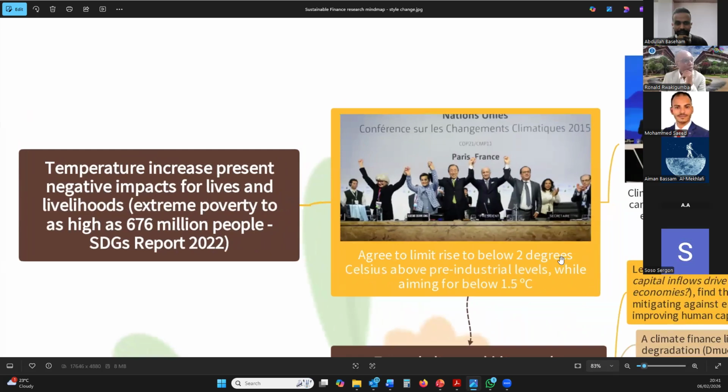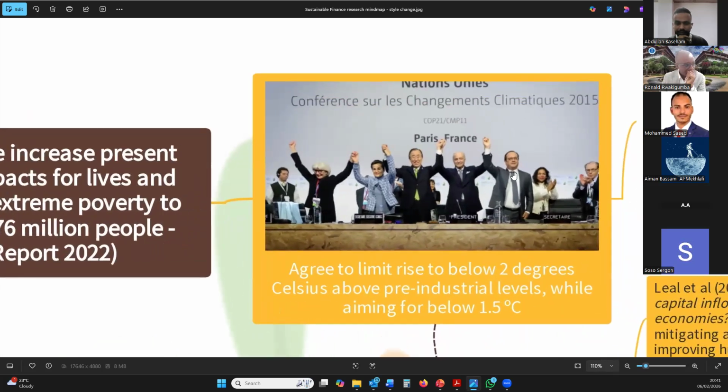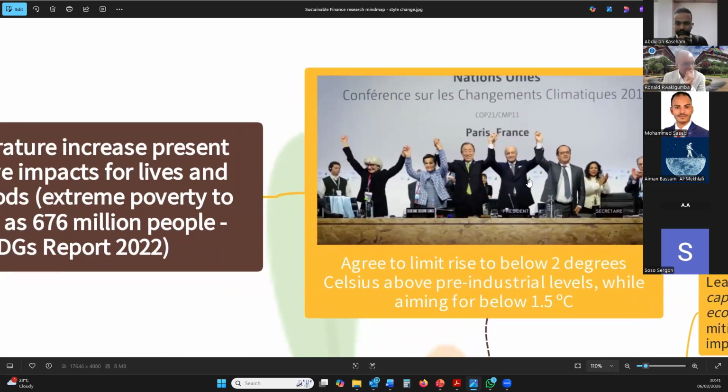And if I zoom out, you then say, okay, so what happens? So you see people in 2015 saying, oh, we have the Paris Agreement and our goal is to limit temperature to 1.5 degrees above pre-industrial level.